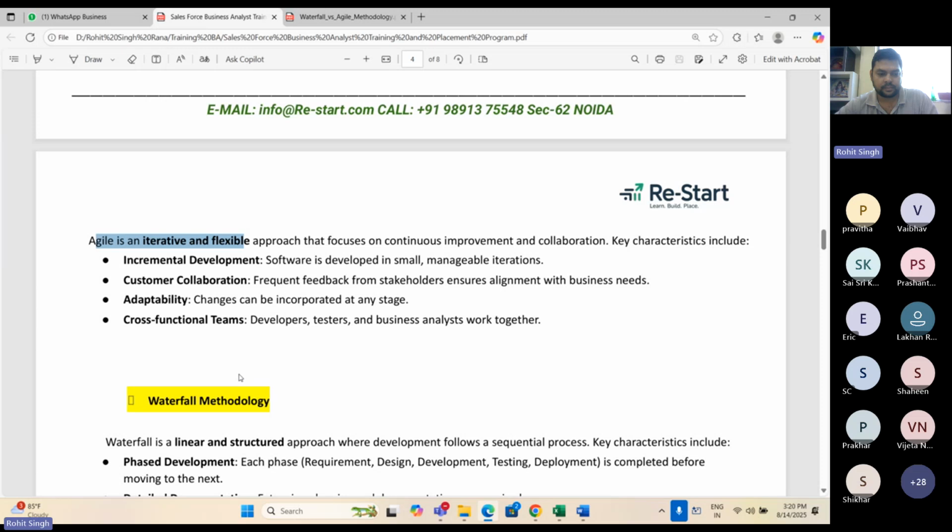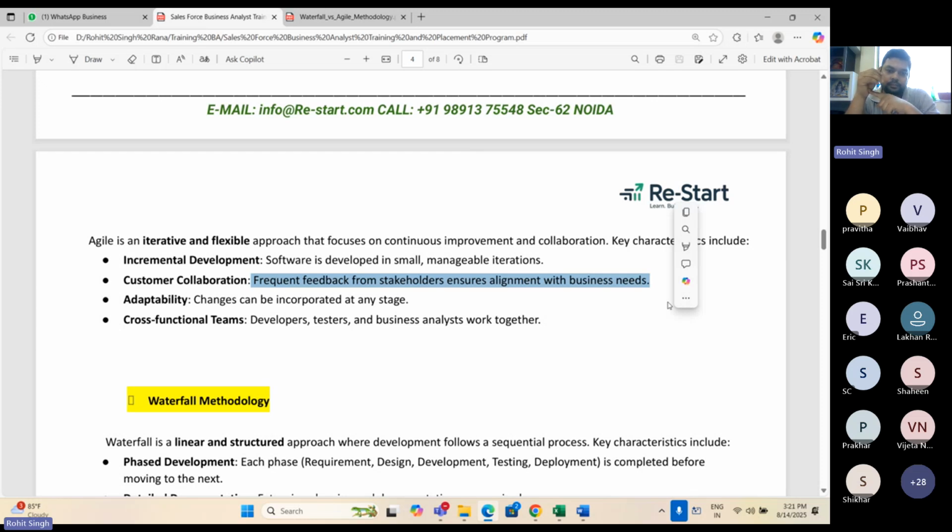So that is why most of the time it is an Agile practice. Of course, there are key characteristics. The first is incremental development: in small chunks, in manageable iterations, we are delivering to the client. Then customer collaboration, which means we gather requirements from the client and we connect with the client.